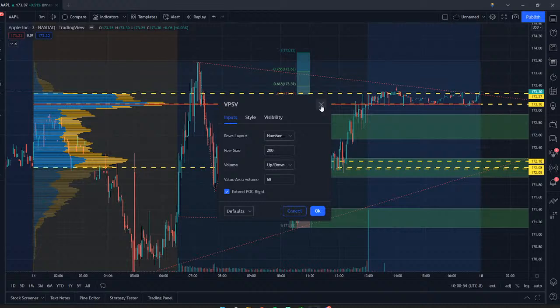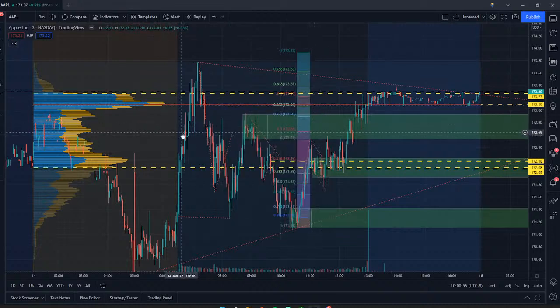I just wanted to cover one thing about the value area. I have my value area here, which you can see is highlighted. This darker gray area is still part of the volume profile. It's just not where 68% of the total trading volume took place on this day.